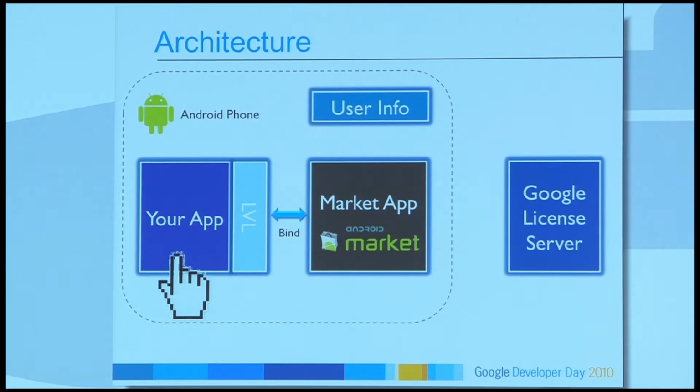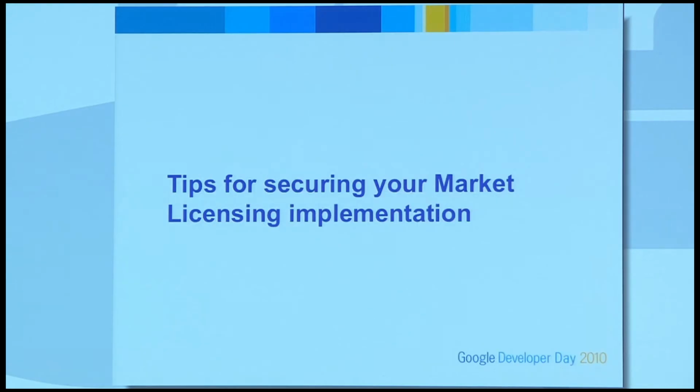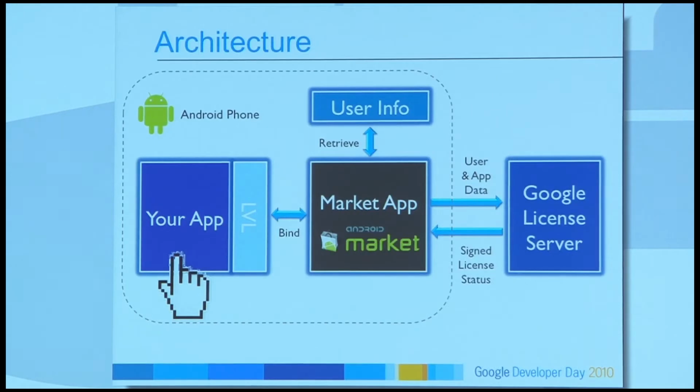The Market app will retrieve the user information on behalf of your app, and then send a request to the Google license server. The license server will send back a signed license status, which the Market app will send back to your application. And at this point, it's up to your policy, up to your implementation, how you react to the response.